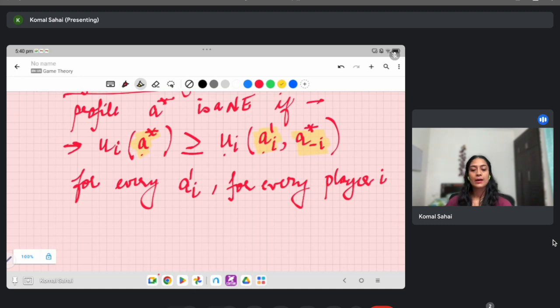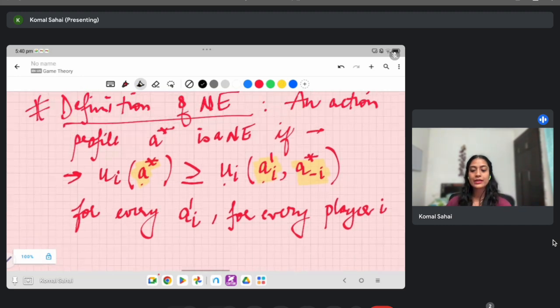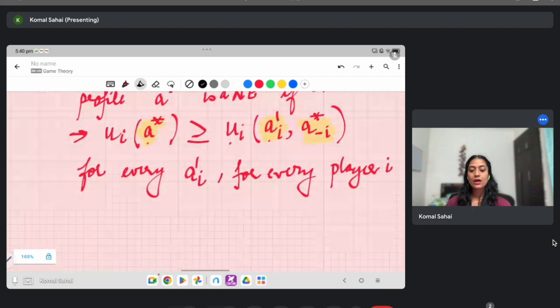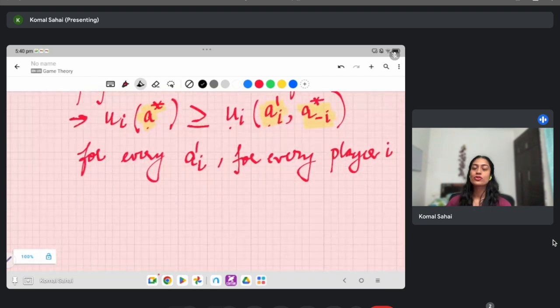Okay? All right. So before we go ahead, there are two things that I want to specify. Given this definition, there are two things that this definition does not imply. So what does it not imply?